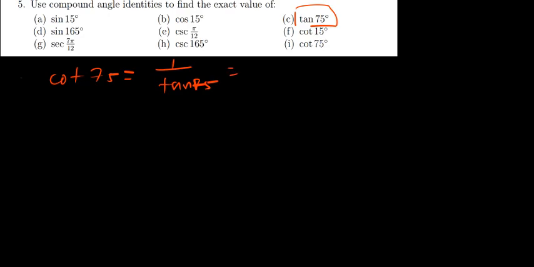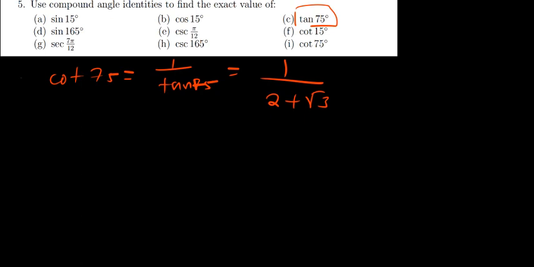So this is 1 over, what did we find for part C? If I'm able to remember very well, we found 2 plus root 3. That's the one we found.